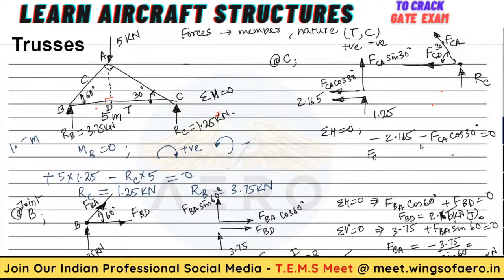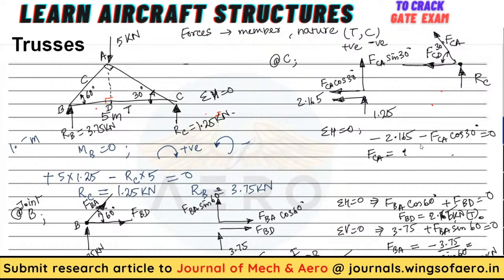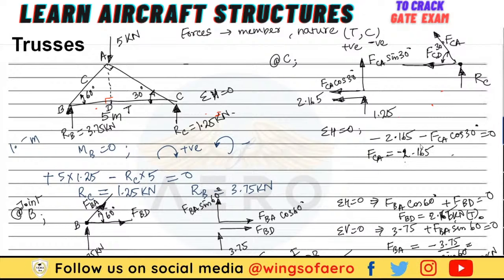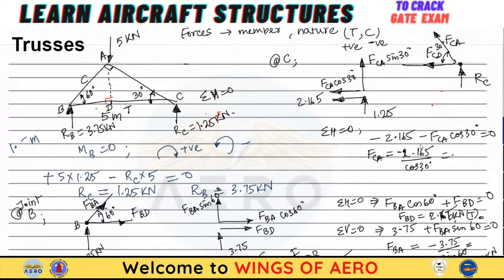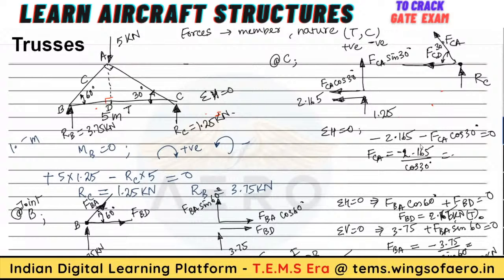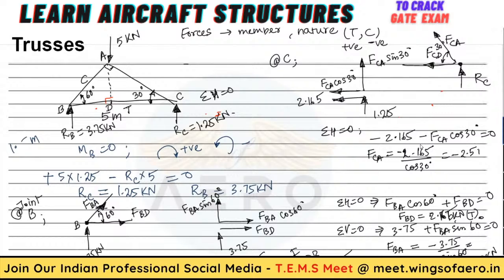Now F of CA is 2.165 divided by cos 30, with a minus sign. What value are you getting here? Please tell. Ma'am, minus 2.5. Minus 2.5 kilonewton. This is the answer.